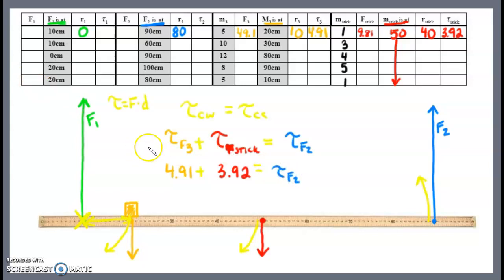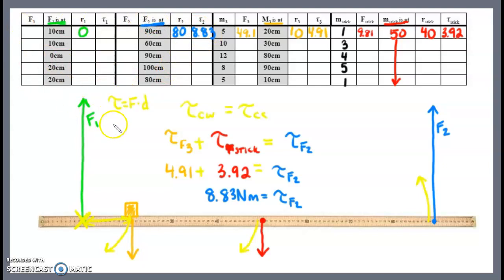So 4.91 plus 3.92 gives me 8.83 Newton meters, which is equal to the torque of F2. So I get 8.83. Okay, now I can work my way backwards.